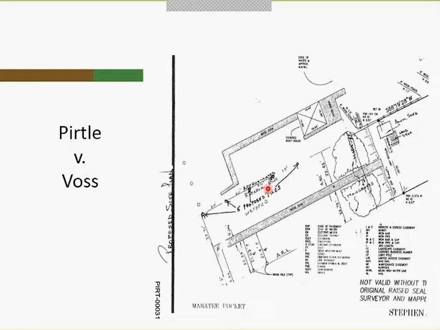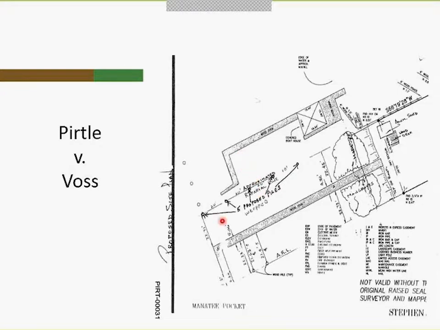So in this instance, Mr. Voss becomes convinced that boats from the adjacent Pirtle dock should not be able to cross to any degree the riparian line between the two properties here to get in and out of the Pirtle dock. That all of that must be controlled on Pirtle's side of the riparian line.